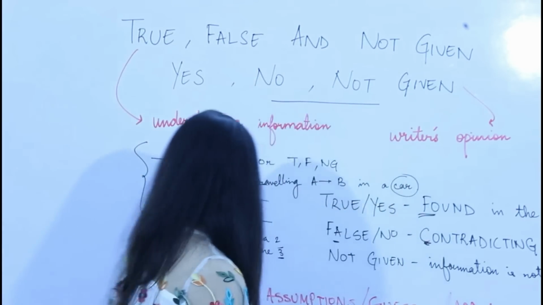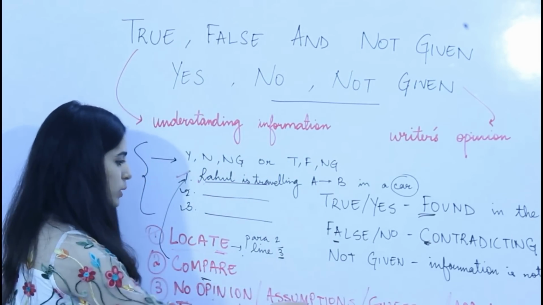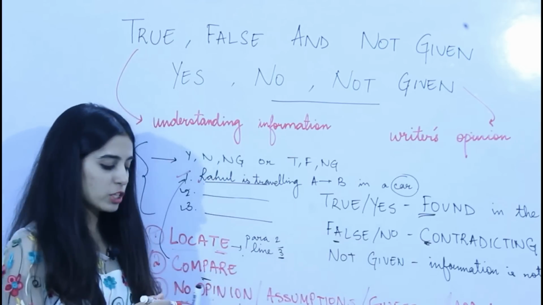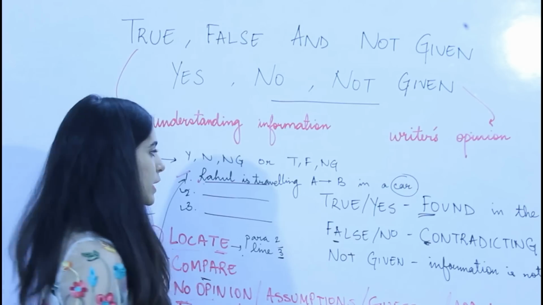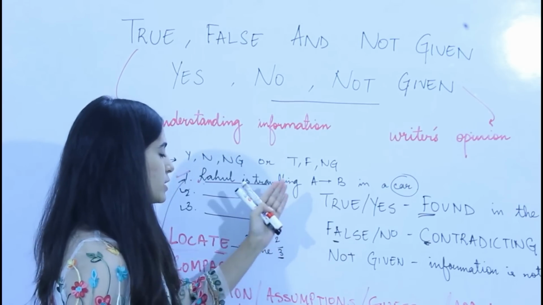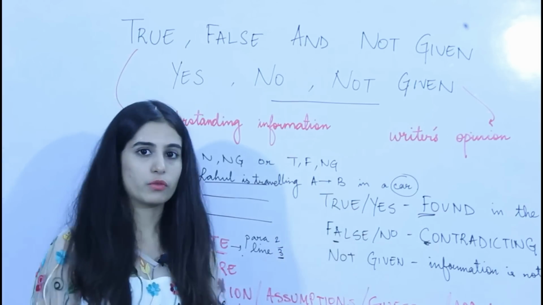Do not add. So here no is referring to each one of them. So no opinion, no assumption, no guesses, no additional information has to be added while you're making your decision whether the sentence or the question is true, false or not given, or yes, no or not given.